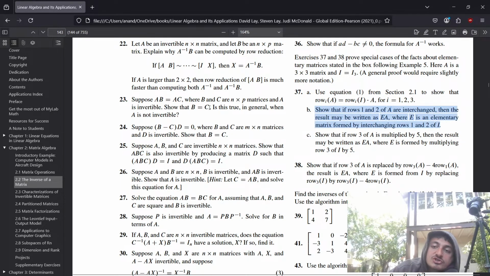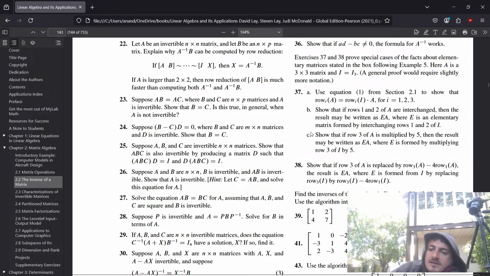Like, a swap counts as 1. So in that case, the permutation matrix that permutes the rows. And what does that look like? It should look like the identity with just the first and second rows swapped. Oh yeah, there you go.